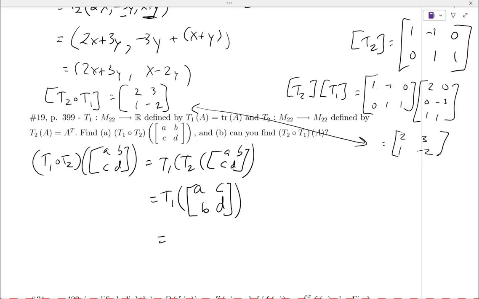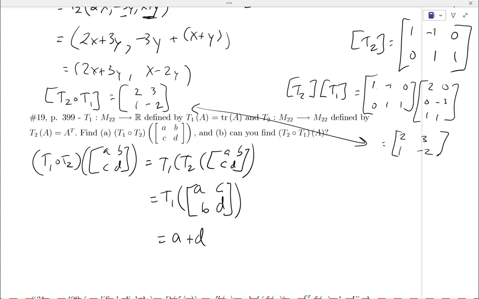The trace, and the trace in this case, again, is just going to be A plus D. So notice that taking a transpose just doesn't change the trace at all, because it doesn't change the main diagonal. So you get the same function as you would have gotten from T1. It didn't actually do anything. So again, doing these compositions is exactly what you would expect.